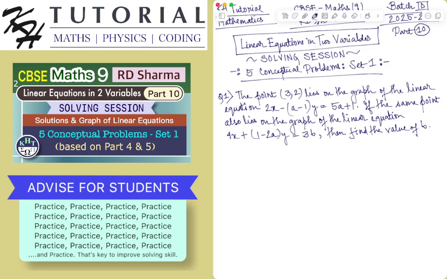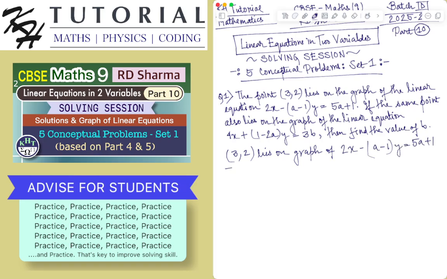So first of all, from the fact that (3, 2) lies on the graph of the equation 2x minus (a minus 1)y is equal to 5a plus 1.